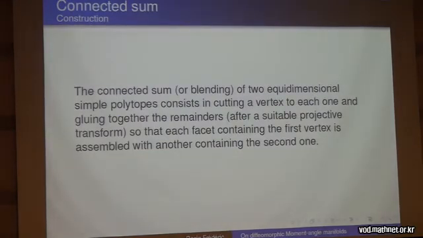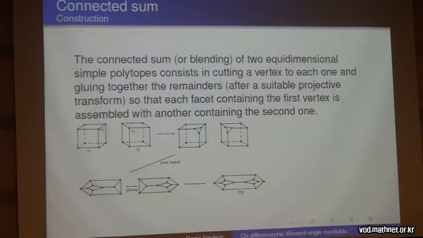A generalization of the notion of vertex cutting is the notion of connected sum. We can see that a vertex cutting is just the connected sum of a polytope with a simplex. And what is a connected sum? Just a picture.